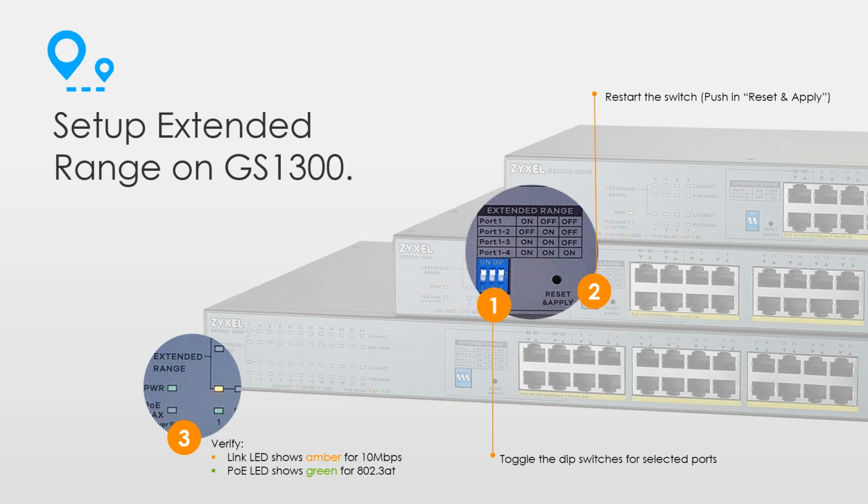And from the link LEDs, you are able to verify that this actually happens. So you can see that the link speed is amber, so 10 megabits per second, and the PoE shows green, that the switch is sending AT standard power.